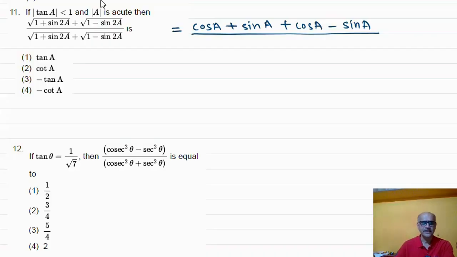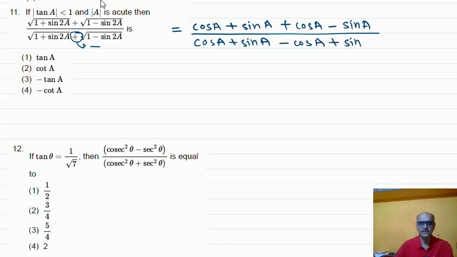So similarly, the denominator is the same. 1 plus sin 2a will be cos a plus sin a. Then in the denominator, minus root of 1 minus sin 2a is cos a minus sin a. Mostly here it is a printing error, this plus has to be minus. So if you take this as minus, then it becomes minus cos a plus sin a.